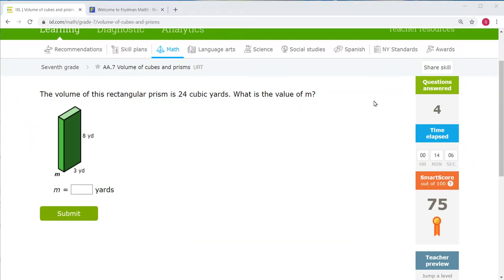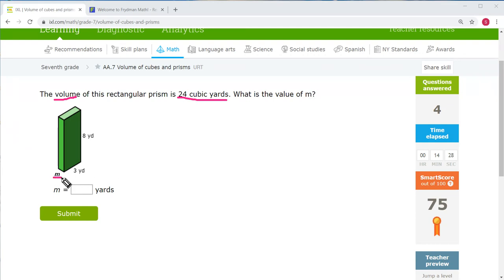Okay. Again, we have a problem where we know the volume, but in this case, we're trying to find the width. So the volume of the rectangular prism is 24 cubic yards. We want to know what the value of m is.